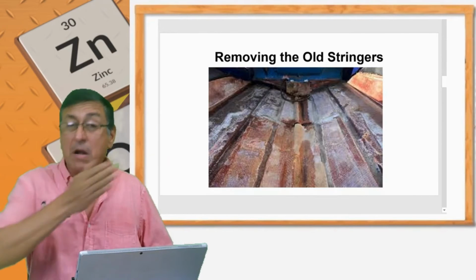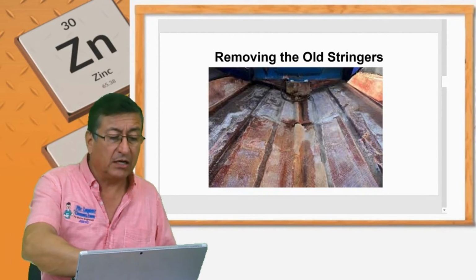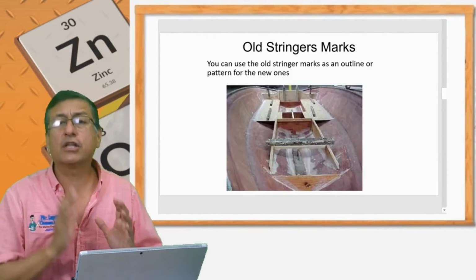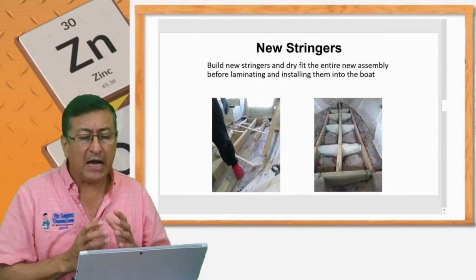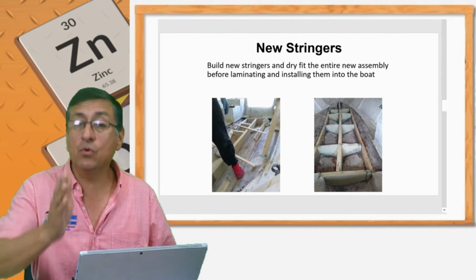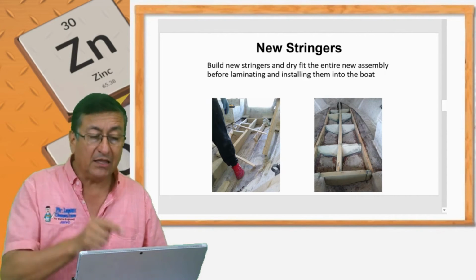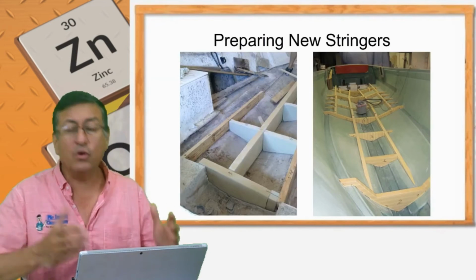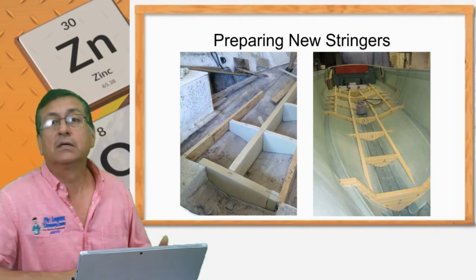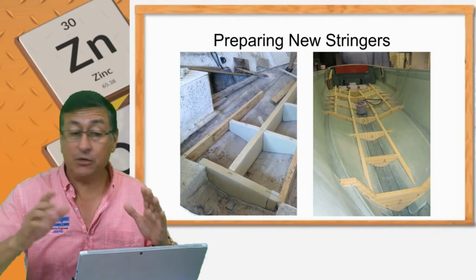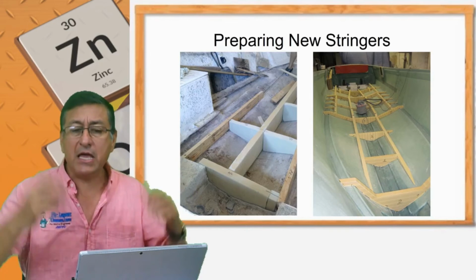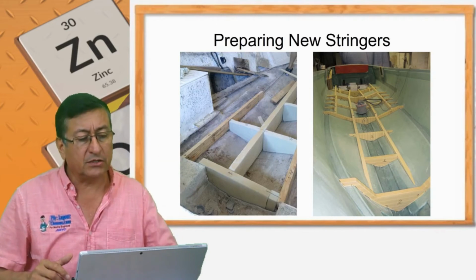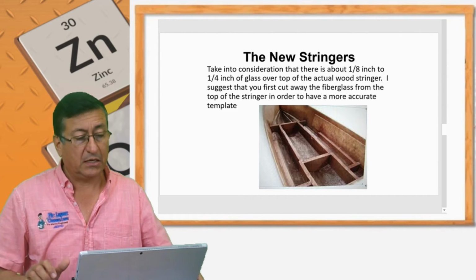We use the marks of the original stringers in order to prepare the new ones, like this. And in one boat we did the new stringers with foam, and in the other boat we did the new stringers in wood. Was a nice project. After that we start the process to laminate the stringers with the fiberglass.